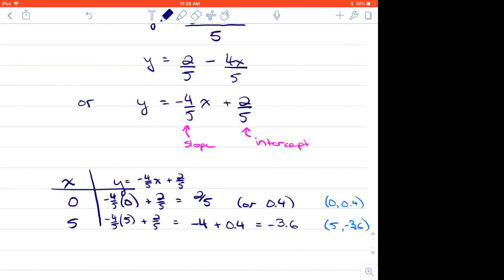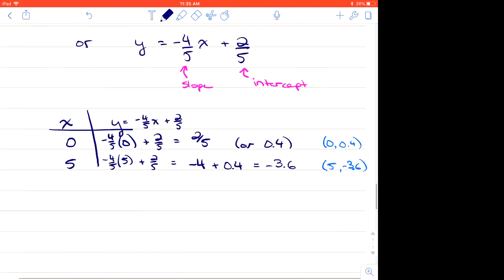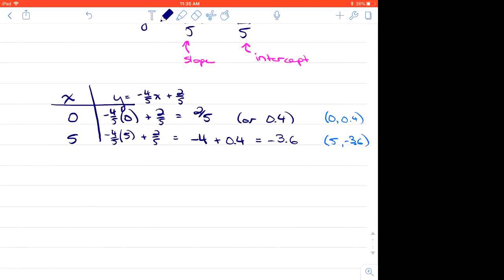Slightly uglier to plot, but like I said, I'll give you the axes on the test, or something that's easy to number. The problem is that now we've got negative 3.6 for our y. So we need to go down to negative 3.6 for our y's and over to as far as 5 for our x's, and a little bit beyond if we want.